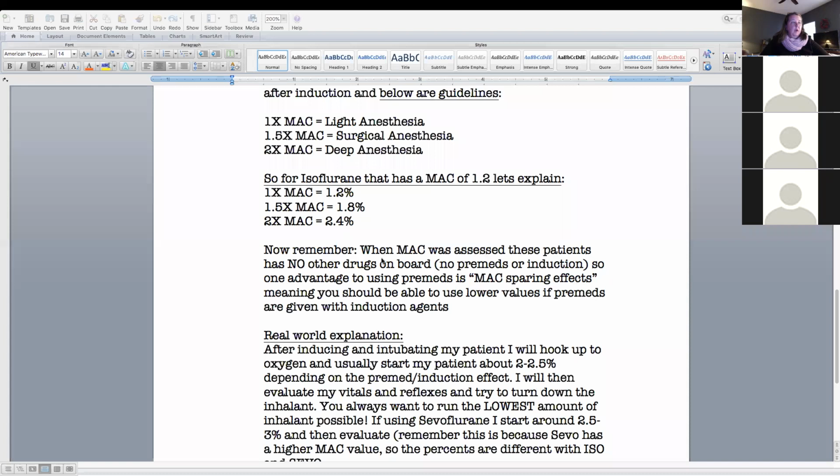Now, here's my note that these MAC values were established without anything on board. So I've told you guys, your pre-meds are MAC sparing. When an animal is pre-medded, you should need a lower MAC, but you're also probably doing a more painful procedure.